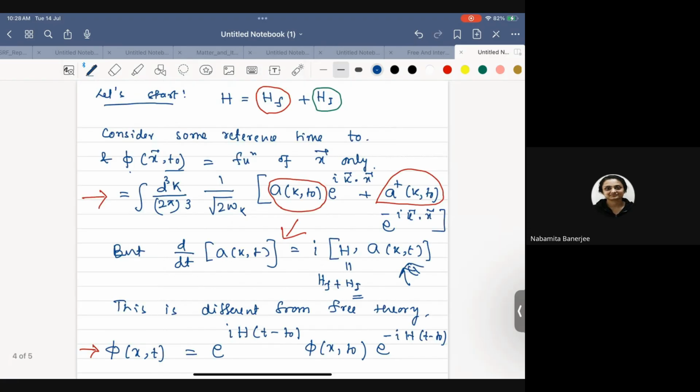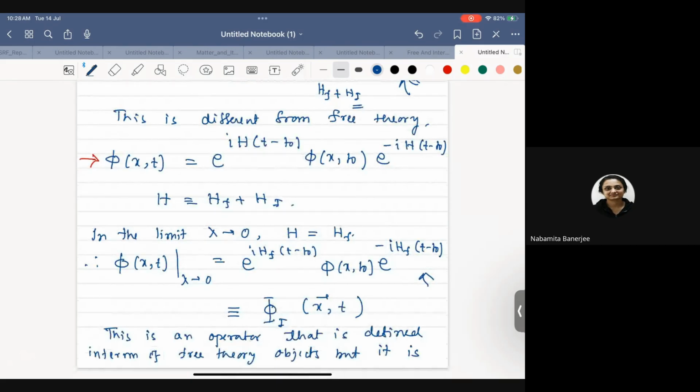This phi_I is an operator of your interacting theory in the limit lambda goes to 0. The left hand side, phi, is an operator of your interacting theory. That operator in the limit lambda goes to 0 can be expressed in terms of quantities that are very well defined in the free field theory, that we understand. The right hand side, phi_I, we understand. So in terms of known quantities, I have expressed my operator of the interacting theory, but of course in the limit lambda goes to 0, not for a generic lambda value.